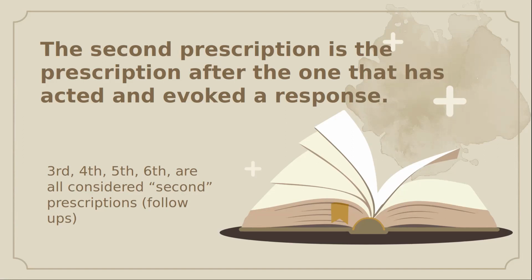It is the prescription after the first one has acted and evoked a response. It can be the third prescription, fourth, fifth or sixth. All are considered to be second prescription with respect to the previous prescription. So basically this is the follow-up. What we do in the follow-ups is the second prescription. It can be first follow-up, second follow-up, third follow-up, right?